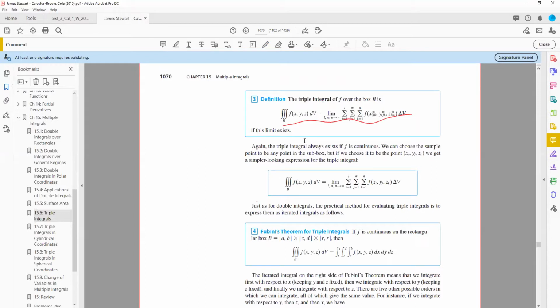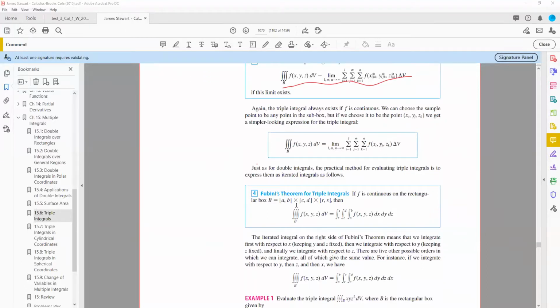Okay, and then if we look at the Fubini theorem for triple integrals, it leads us to the iterated integral, right?